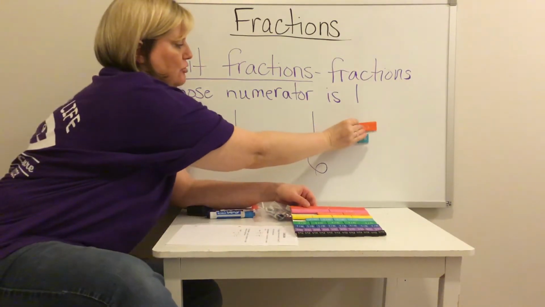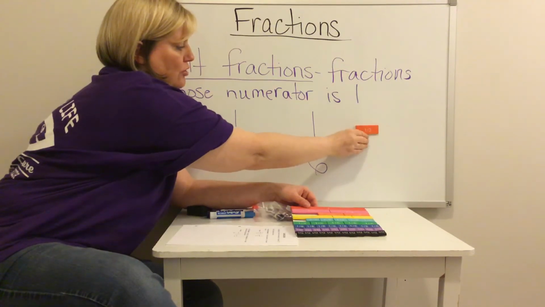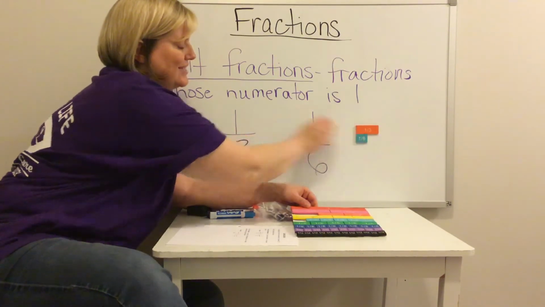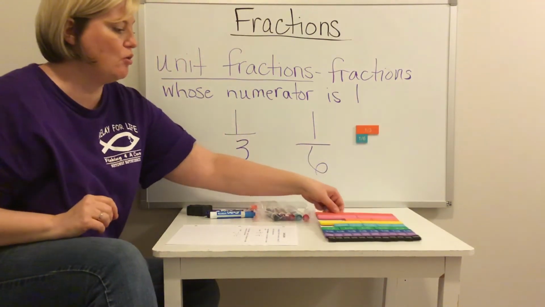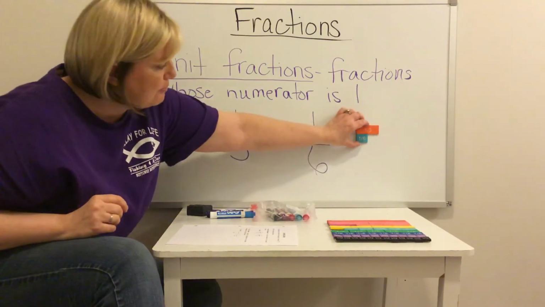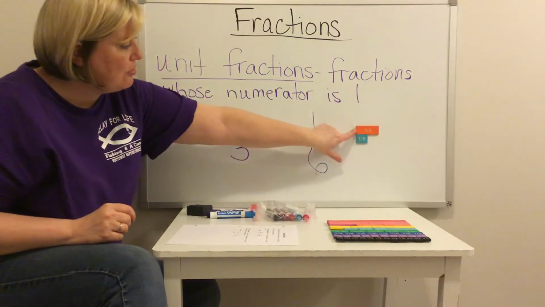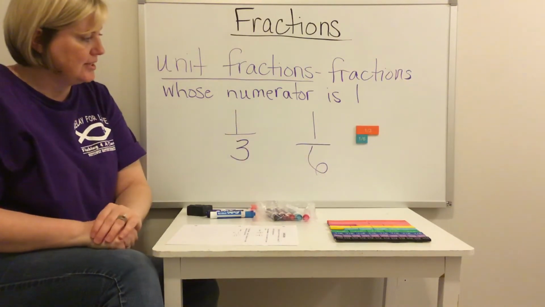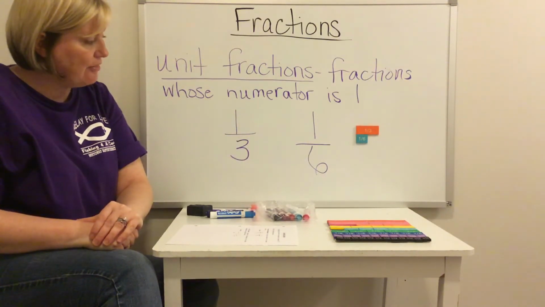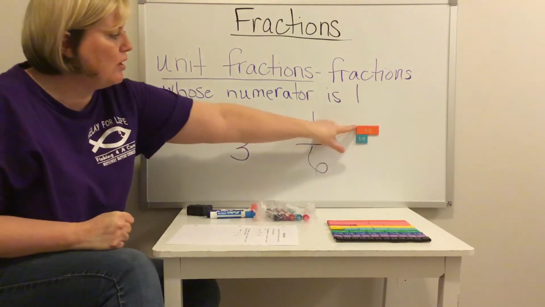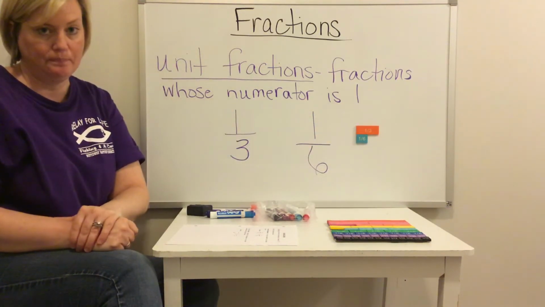All right, so each of those is 1/3. So this one is 1/6 of that whole line. So if we put our 1/3 and our 1/6 together, we can clearly see that 1/3 is bigger.